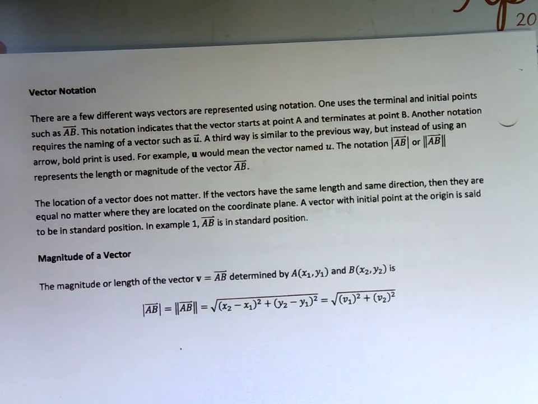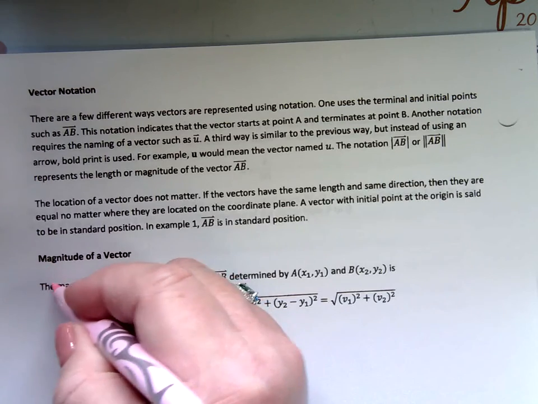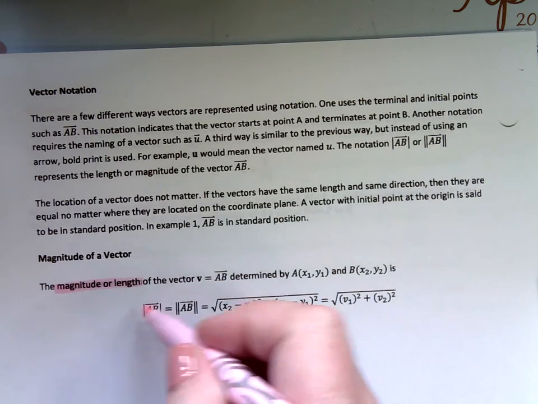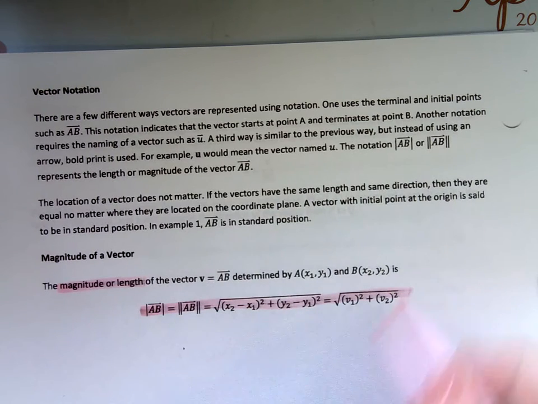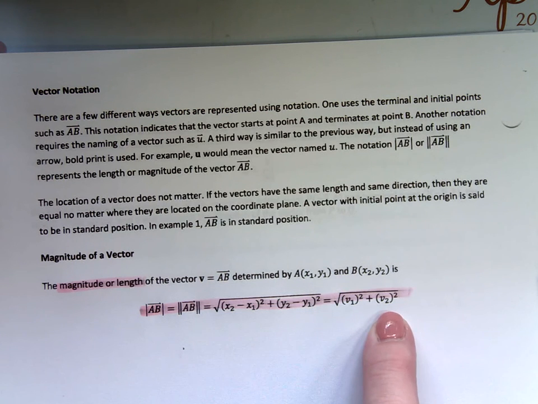All right, for the magnitude, this is your formula. I'm going to take my highlighter again. The magnitude or length of a vector is taking this big old square root of your V1 term, the first term in your vector, squared, added with the second term in the vector squared. That's kind of a shortcut way to look at these.